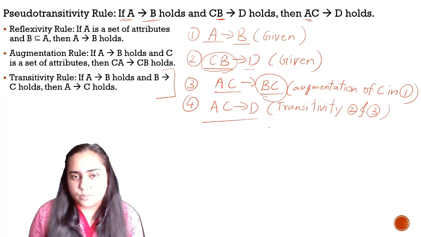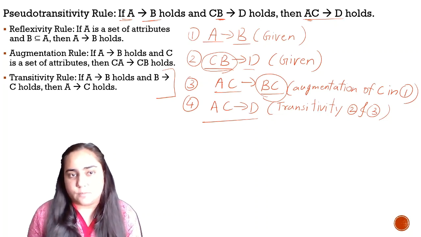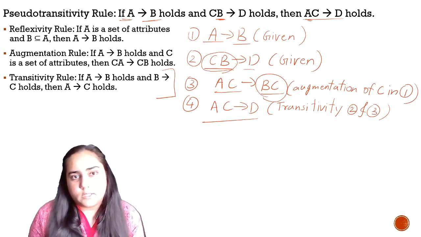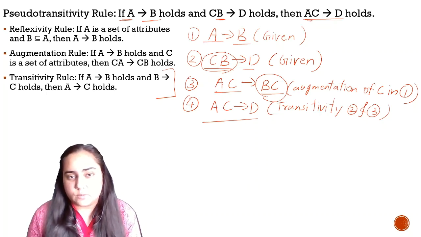And that's it. That's your proof right there of AC determines D. That is how pseudo-transitivity can be proven. And that's where we are going to stop proving Armstrong's axioms and start using them in calculating canonical covers.